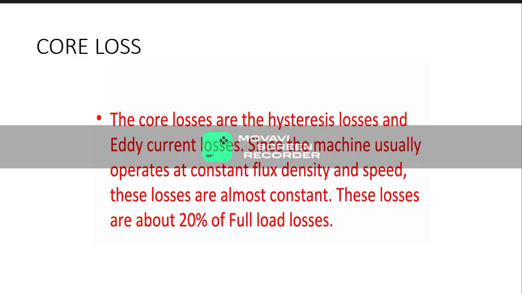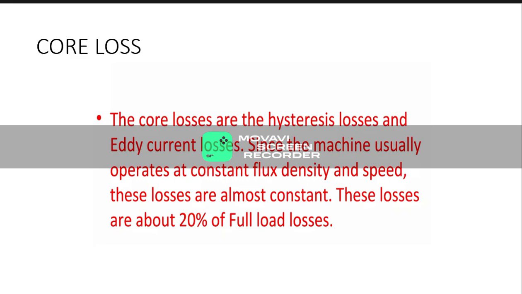Next is the core loss. The core losses are the hysteresis losses and eddy current losses. These are known as constant losses because they do not vary with load conditions. If the load increases, the core loss remains the same; if the load decreases, the core loss also remains the same. That is why they are known as constant losses.